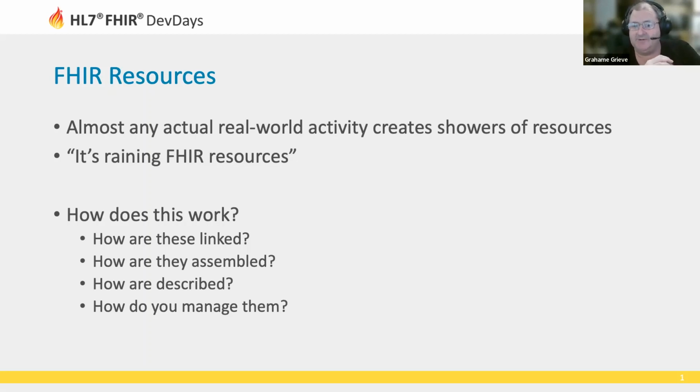How do you describe the set and how they relate to each other? And how do you manage them? Like I said, back when we got release 1 out the door, Ewout and I said to each other, that's the big thing that we need to solve. We really need to deal with this. We still really need to deal with this. We've got some tools, and I'll talk through the tools that we have, and I have a proposal to make, which we'll talk about. But really, who knows what other ideas we can come up with.